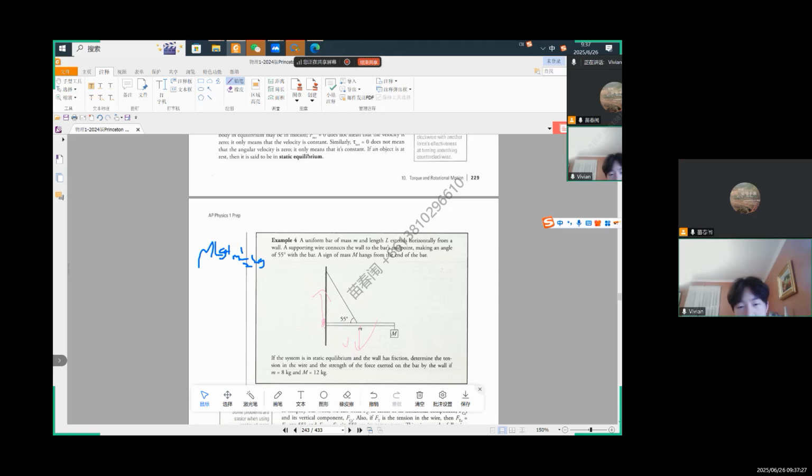These two have to equal, and then if you add the wall torque, this all equals 0.